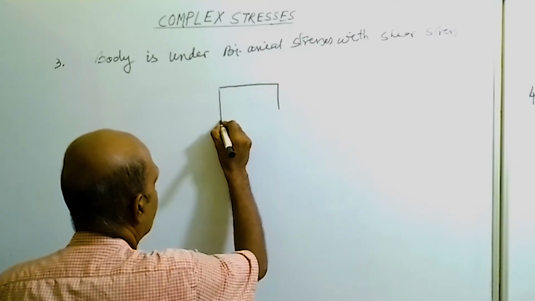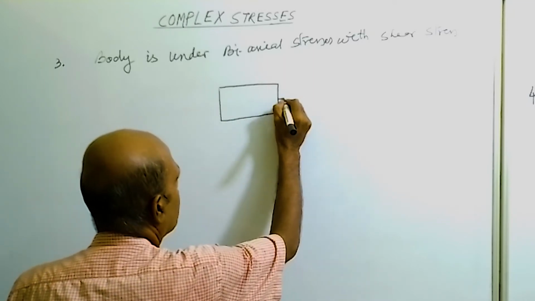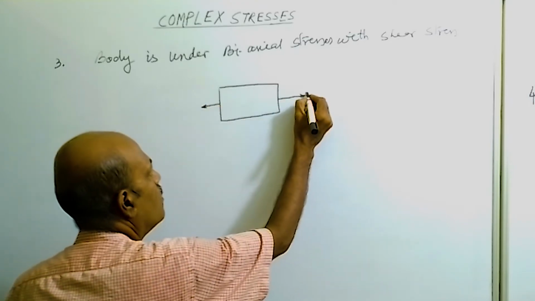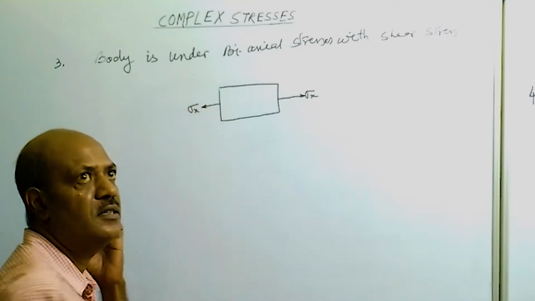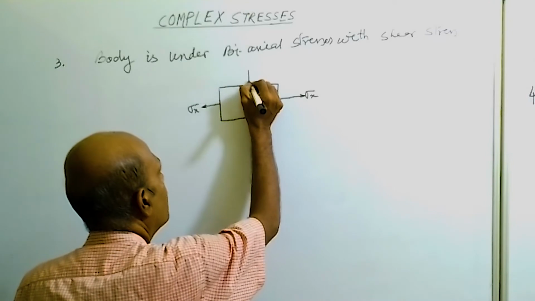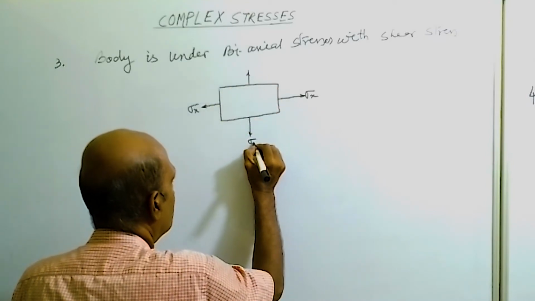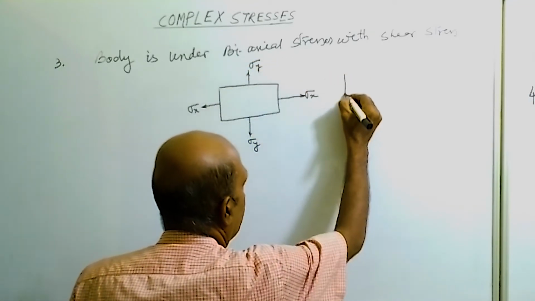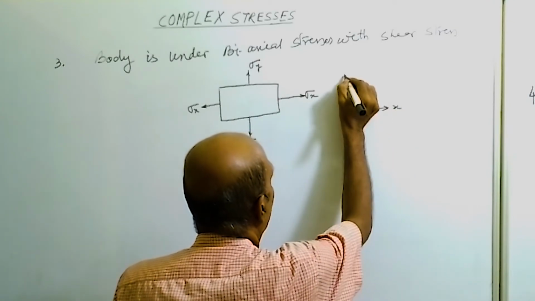The body is under biaxial stress system, means along x direction the body is under sigma x stress acting along x direction, and along y direction the sigma y stress is also acting. So that means, this is the x direction and y direction.